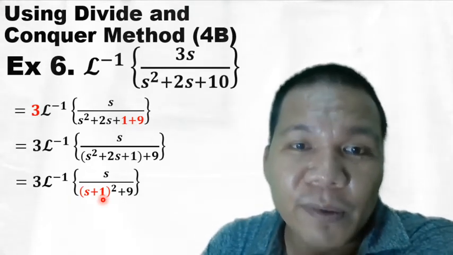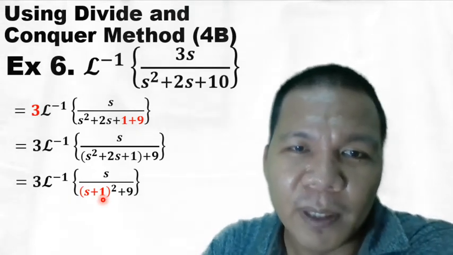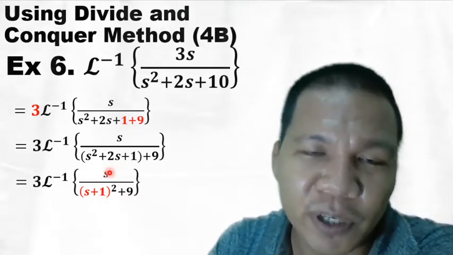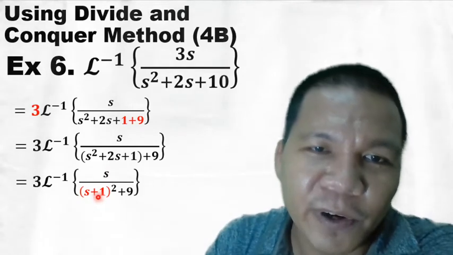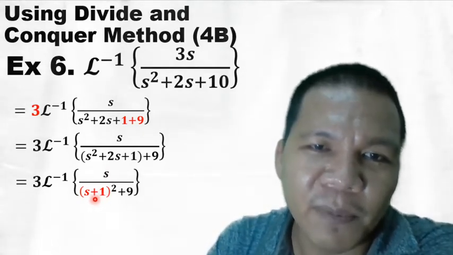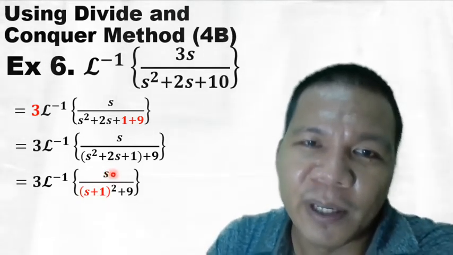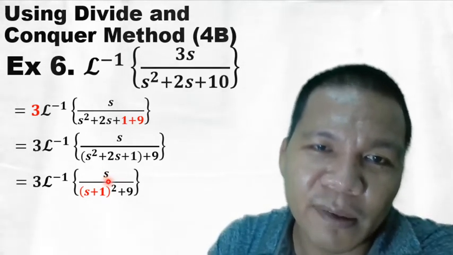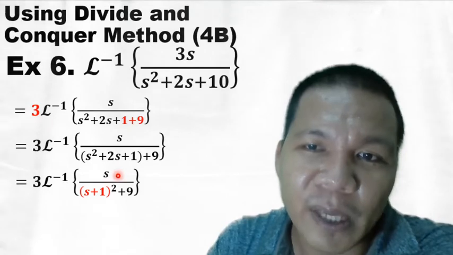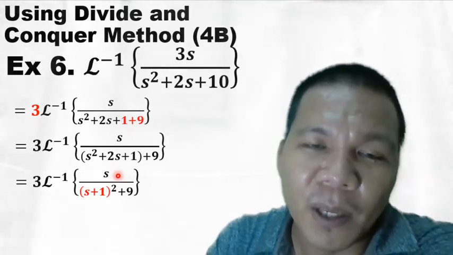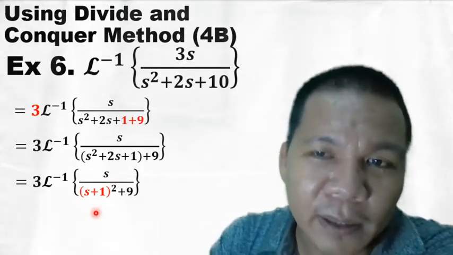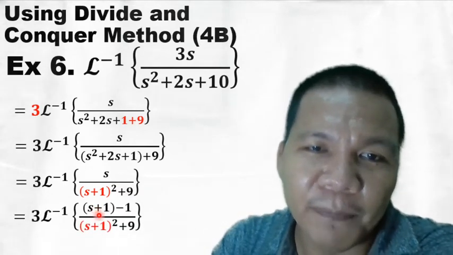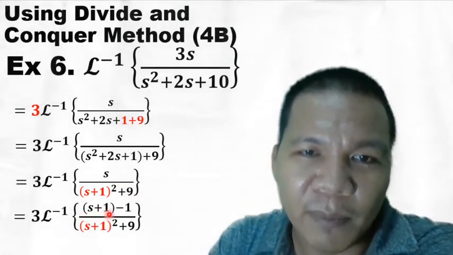Next thing to do is to make sure that all s now will have the same amount of shift. Meaning to say, if your denominator has s plus 1, make sure in your numerator, which is s here, becomes s plus 1 also. By adding 1 and subtracting 1 to your numerator, this will become s plus 1 minus 1.